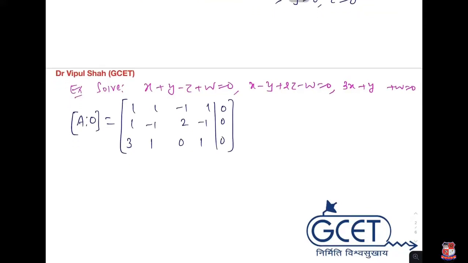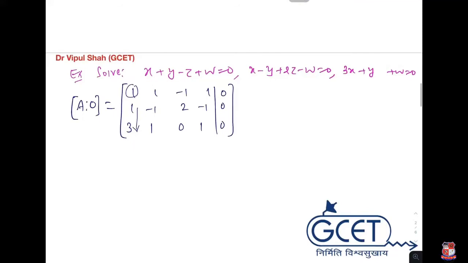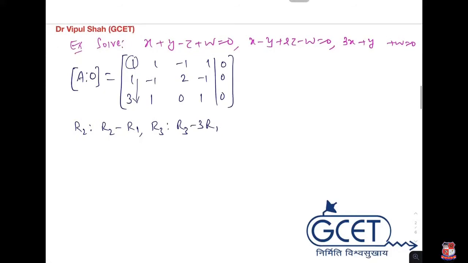Okay. Now here we are having 1, so we make the entry below it to be 0. So R2 minus R1 and R3 minus 3R1.